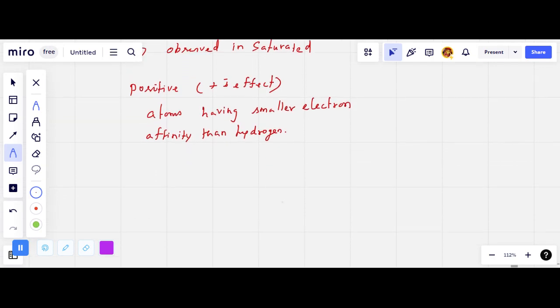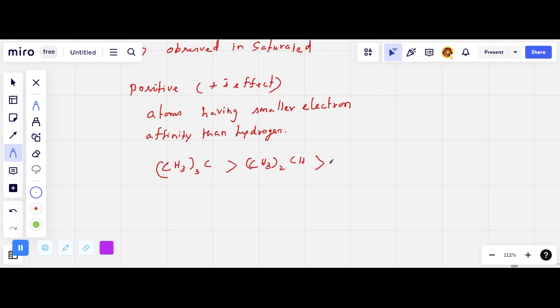So the order of plus I effect வந்து எப்படி இருக்கும் அப்படின்னா, tertiary is greater than secondary. Secondary na isopropyl இல்லையா, CH3 to CH secondary.